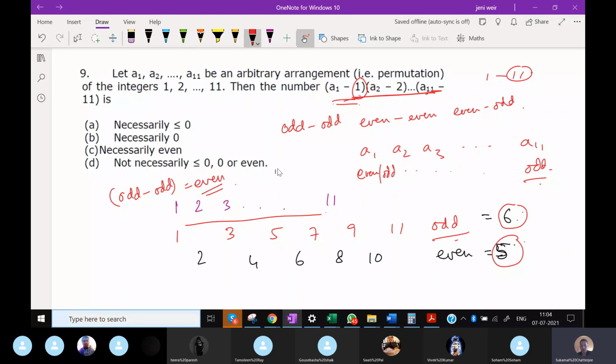For example, one of the combinations can be A1 is 2, and that would be 2 minus 1. Then I can have A2 is, let's say, 1, 1 minus 2. A3 is 4 minus 3. A4 is 3 minus 4. A5 is 6 minus 5.